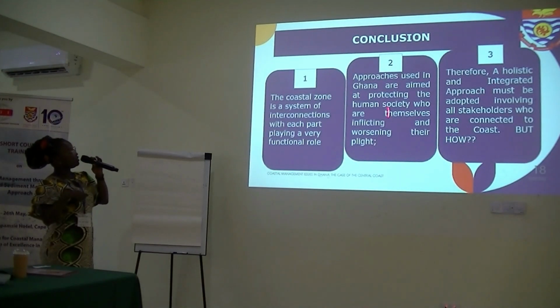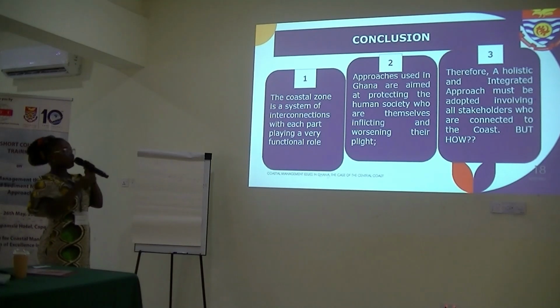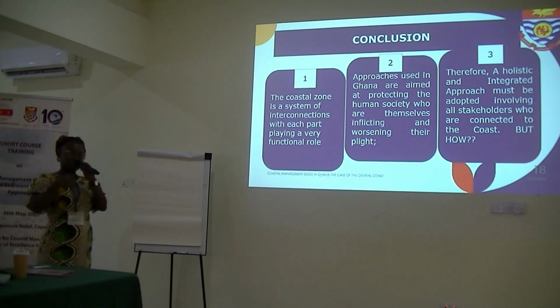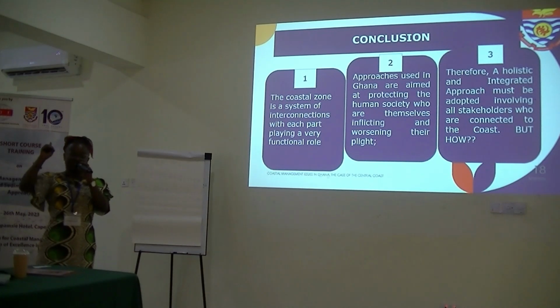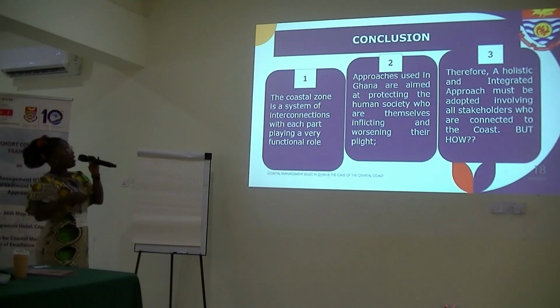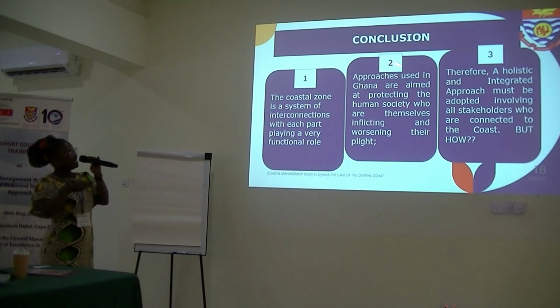And so in conclusion, we say that the coastal zone is a system of interconnections, which is not based on just one part of it. So if we are trying to resolve issues relating to coastal hazards, we should have an aim.